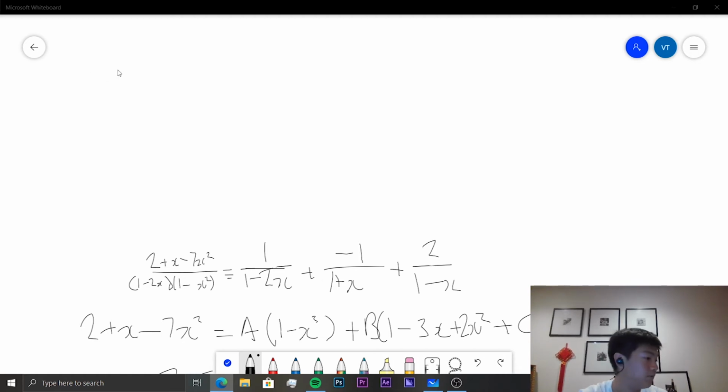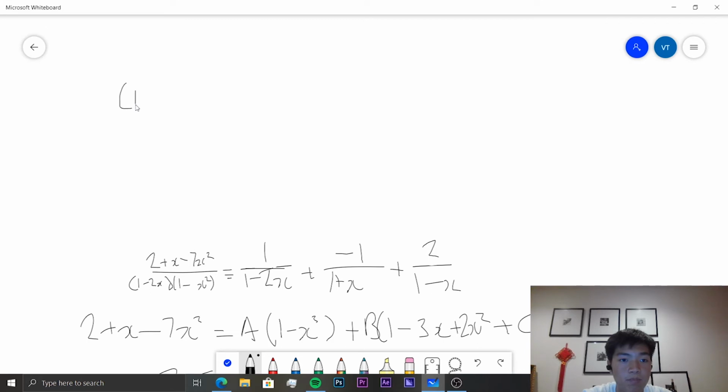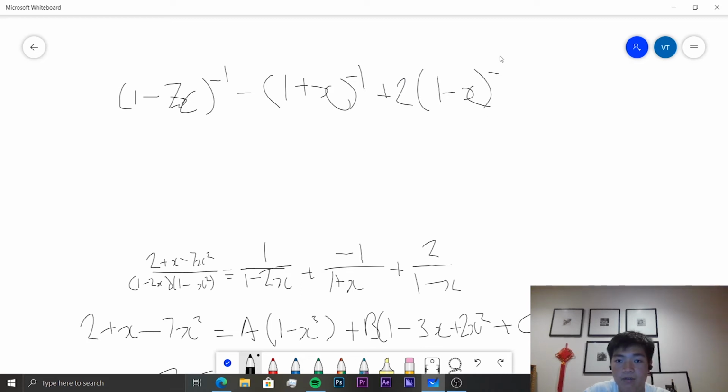So we need to expand 1 minus 2x to the negative 1, minus 1 plus x to the negative 1, plus 2 times 1 minus x to the negative 1.